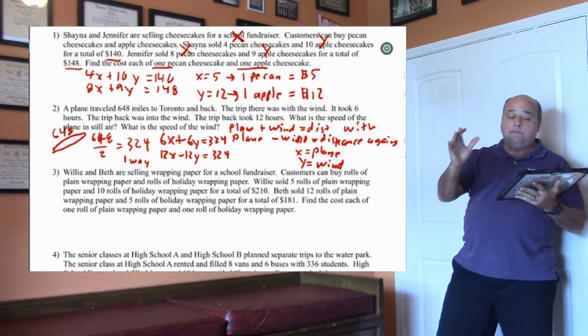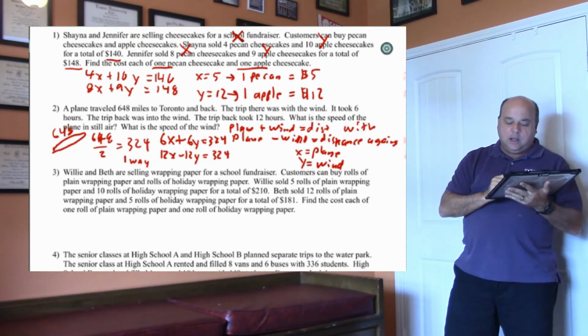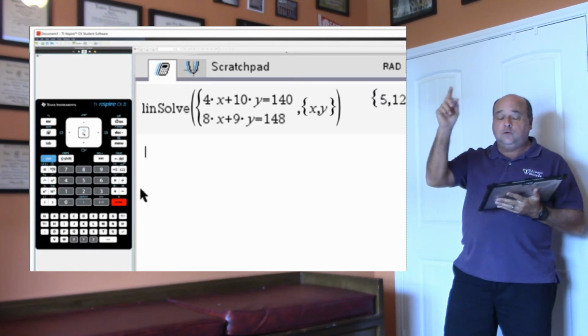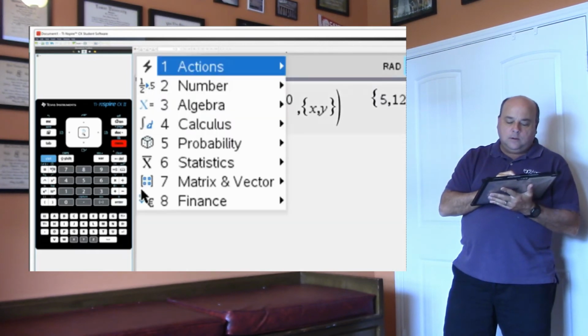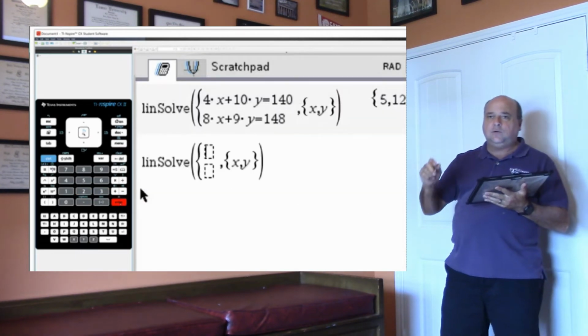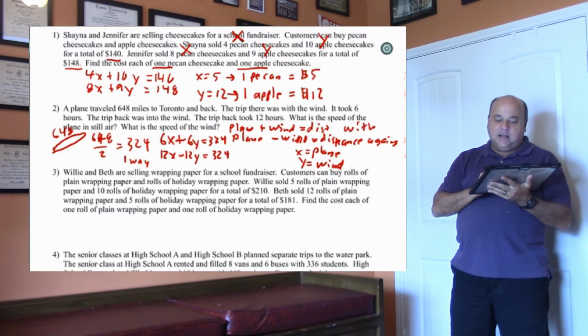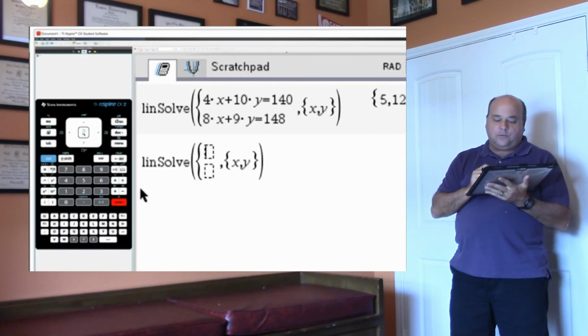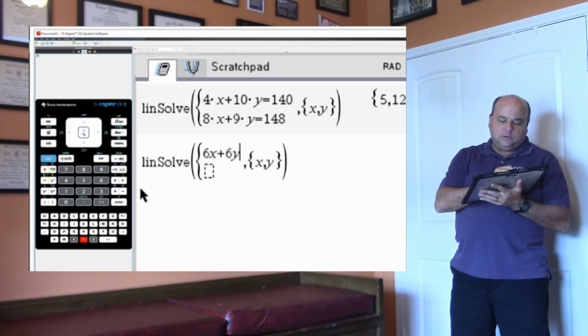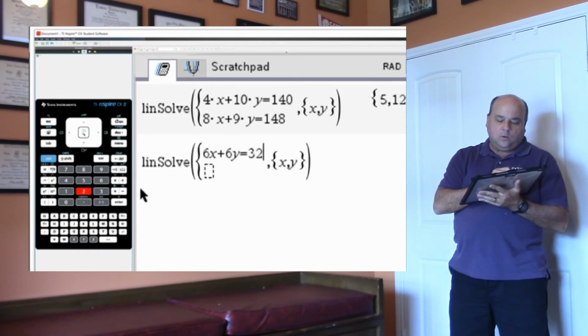Now then, we're going to put this into the calculator. So go to your calculator, and the first one we're going to do, you hit menu 3 to enter. So menu, algebra, systems, then hit enter. Don't touch that screen. And now we're going to type in 6x plus 6y equals 324.